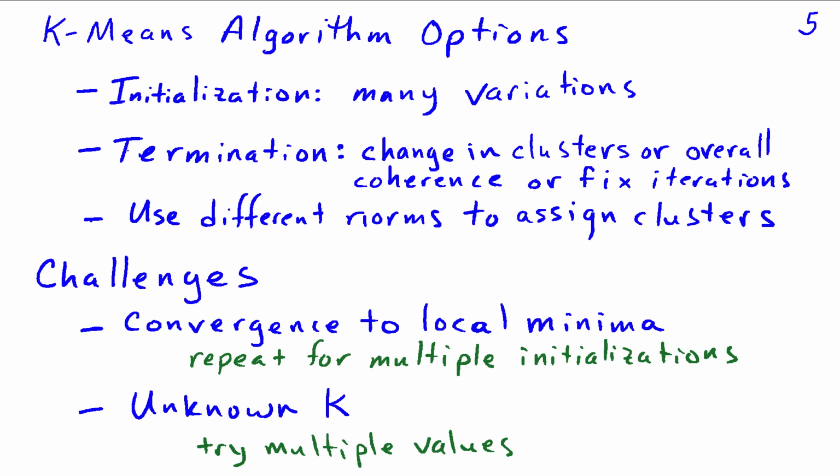Another challenge in using k-means is that in general we don't know the number of clusters in advance. So the strategy here is to try multiple values for the number of clusters and then evaluate the solutions and try to pick one that you think represents the best description of the data. So k-means is a very simple yet effective clustering strategy. There are many other more complex clustering strategies also.